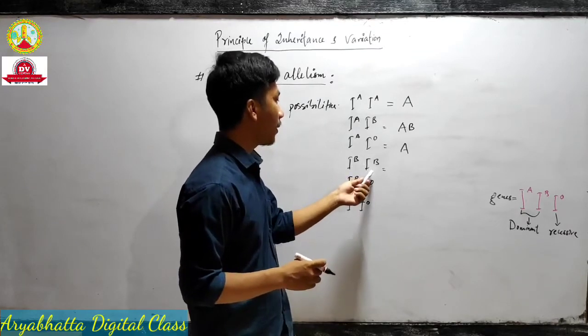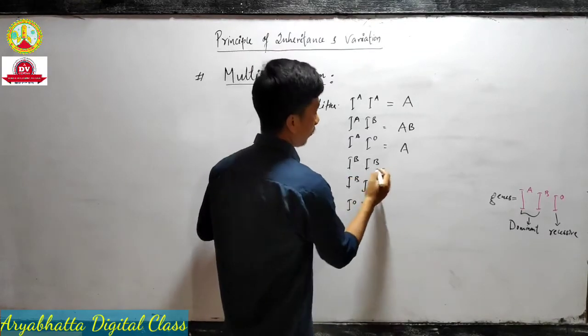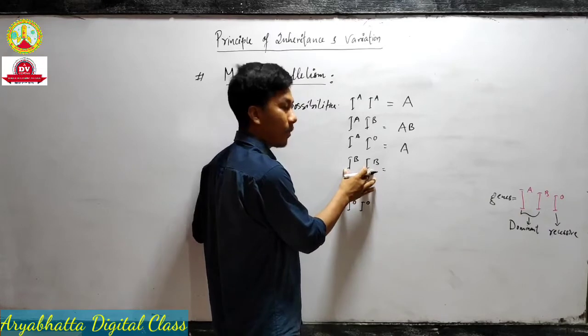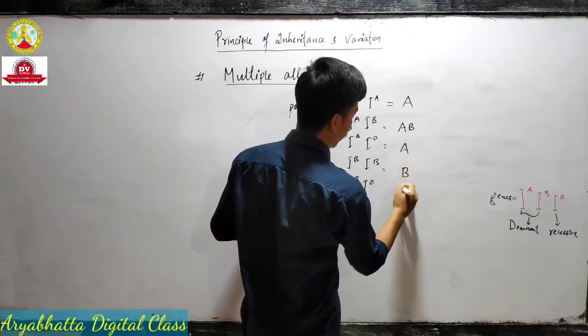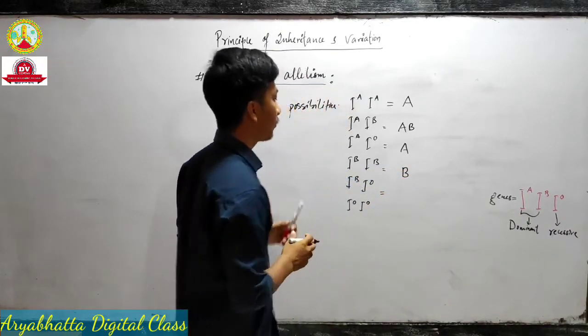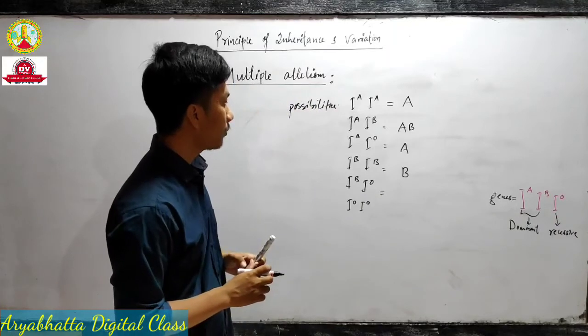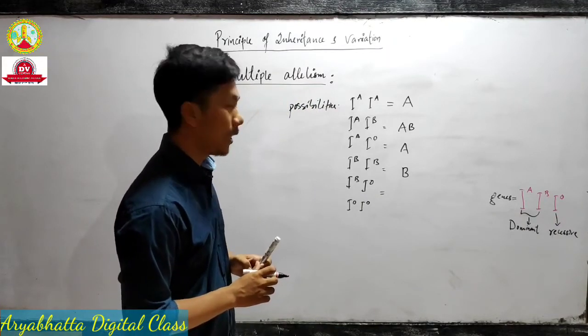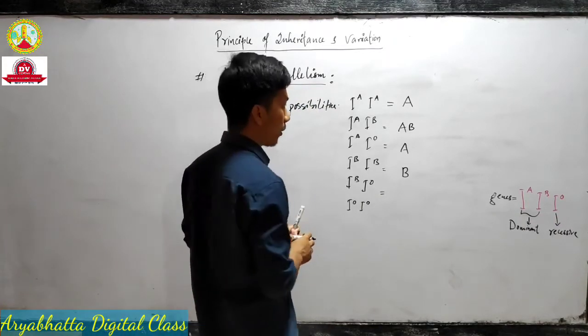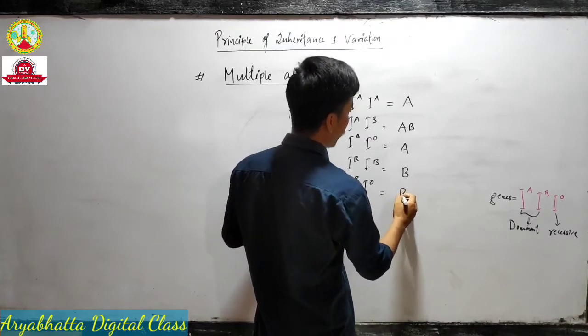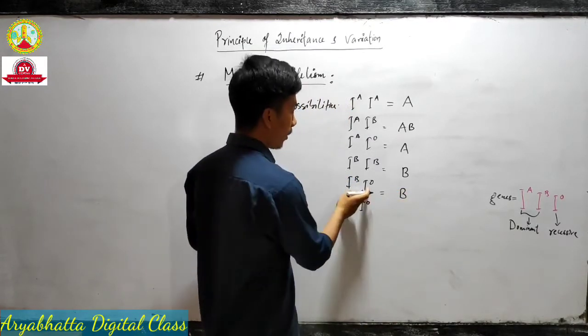Now when we have alleles IB and IB, the blood group will be B. Then when we have alleles IB and IO, the blood group will again be B, because O is recessive.